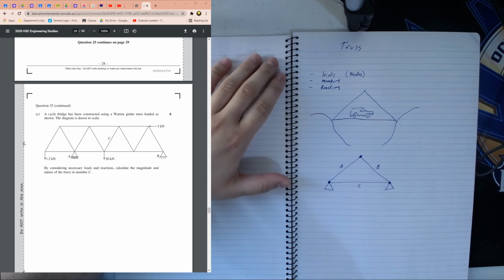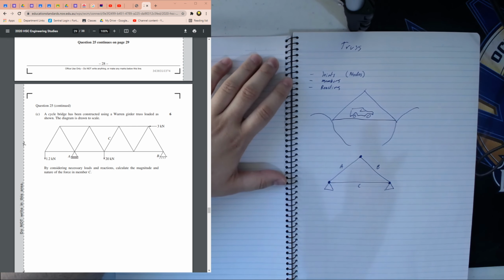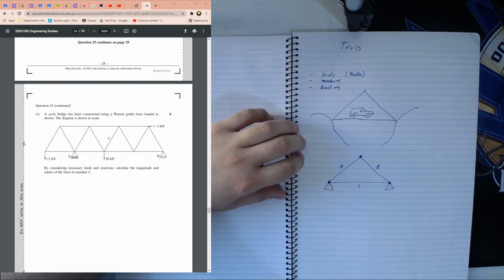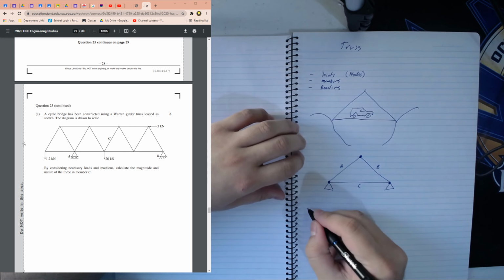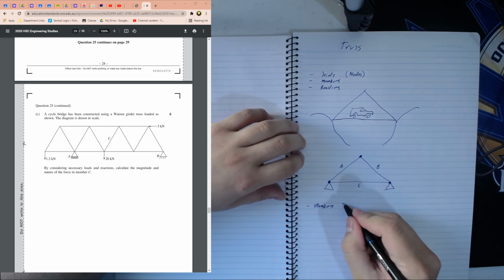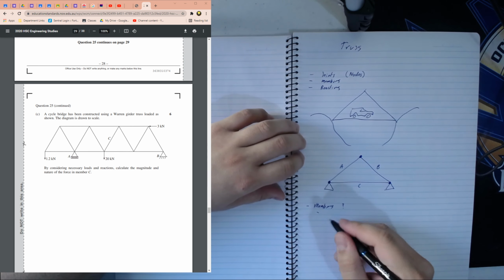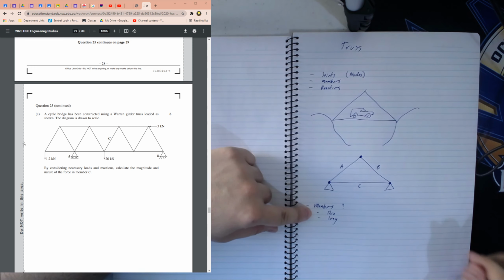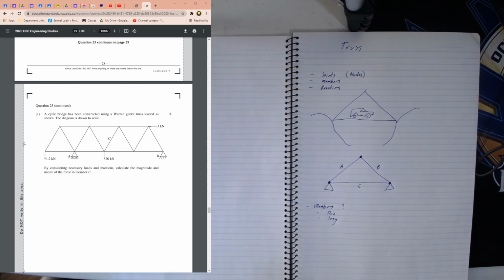Now there are some rules that we have here because we have simplified a real structure, and we just have to understand what our simplifications are. When we talk about our members, we have to say what a member is. Think of it like a piece of metal or string or something that is very long and thin.